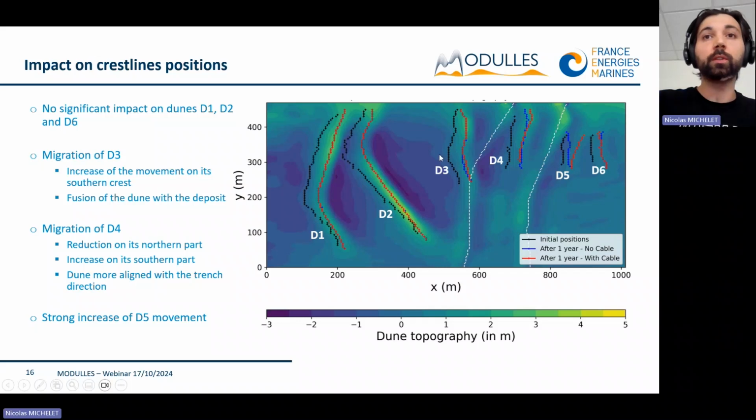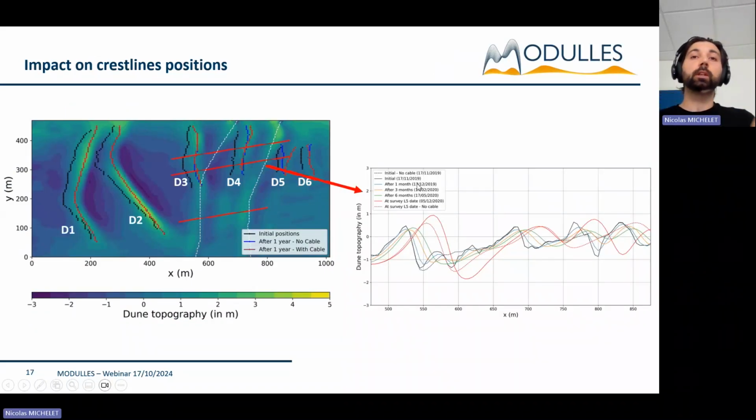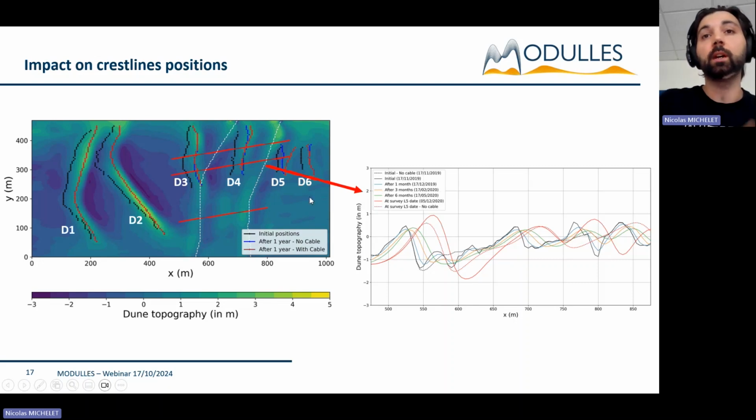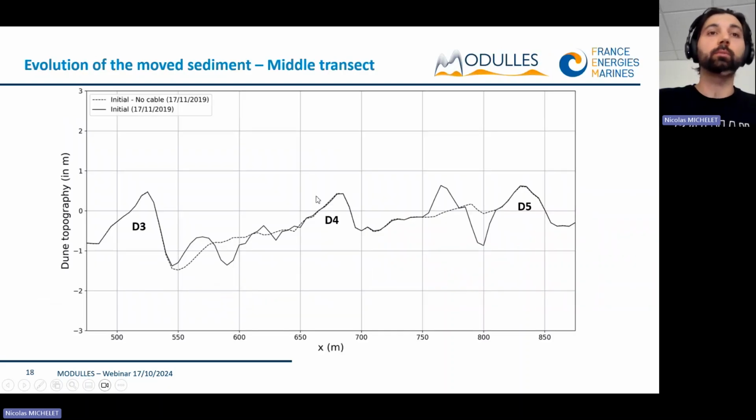So to understand what happened, we look at different transects, and here we focus on this middle transect. As you can see, it crosses the 3 dunes, and we'll see what happened to understand each process. So here on this figure, you have the initial bathymetry.